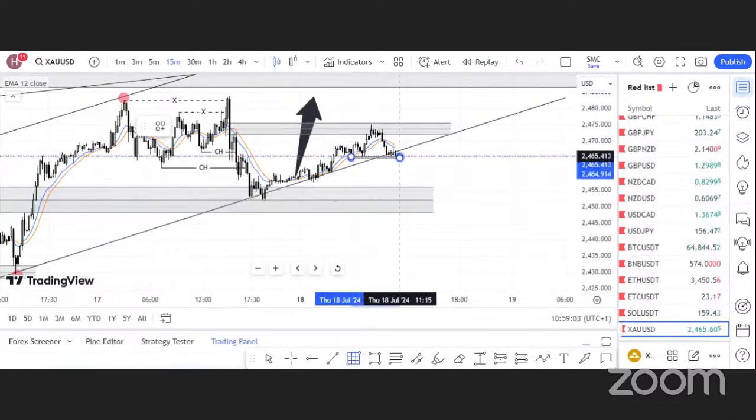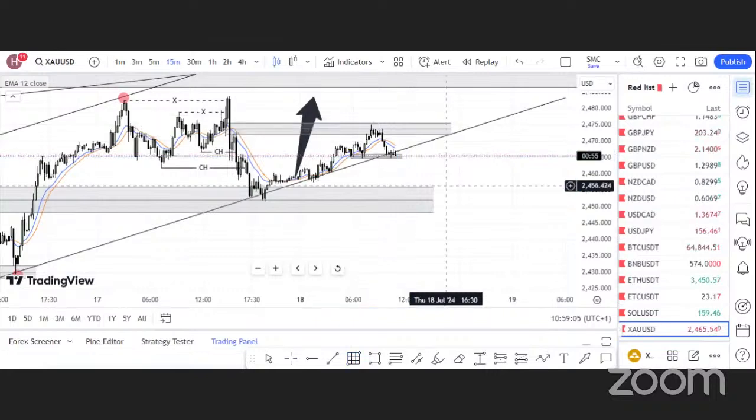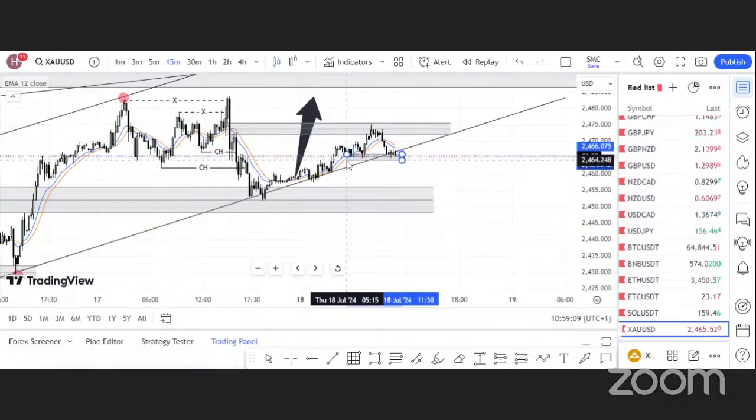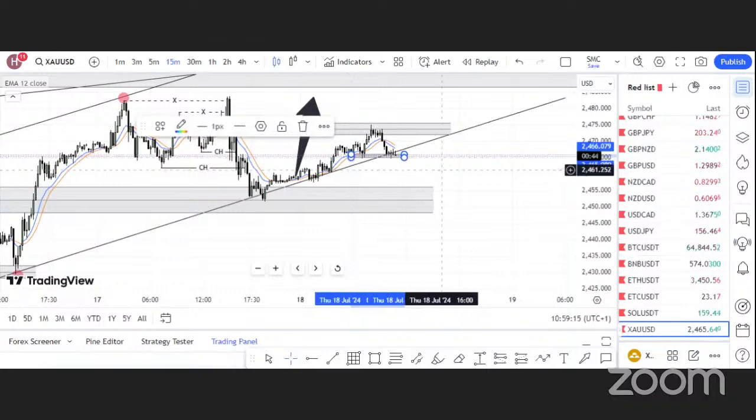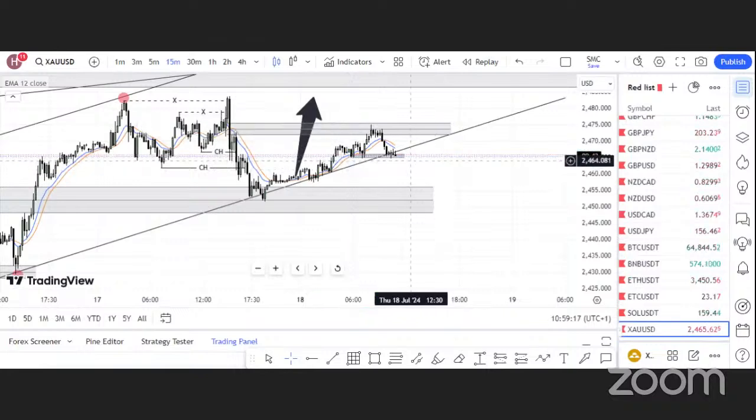So the market is still within this range, and there's a minor support level around here.